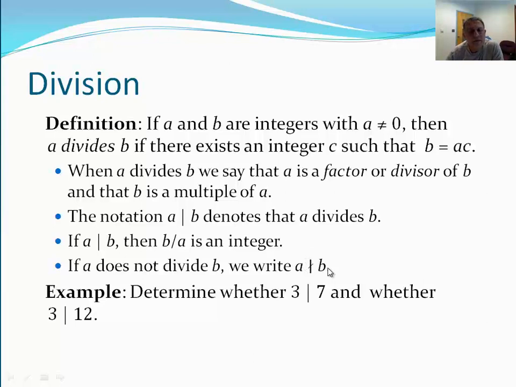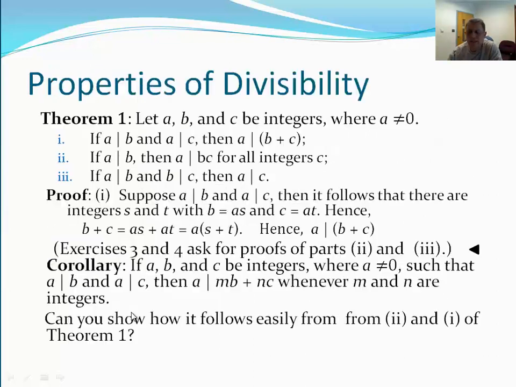That means that a does not divide b, and there is a remainder if we do that operation. For example, 7 over 3 is 2 point something. It's not an integer, so it does not divide. 12 over 3 gives me 4, so this is divisible.